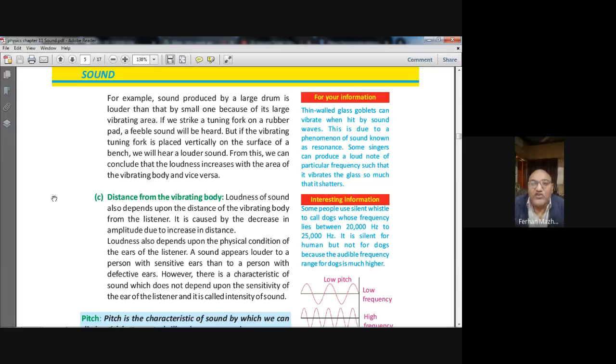If we strike a tuning fork on a rubber pad, a feeble sound will be heard. But if the vibrating tuning fork is placed vertically on the surface of a bench, we will hear a louder sound. From this, we can conclude that the loudness increases with the area of the vibrating body and vice versa.